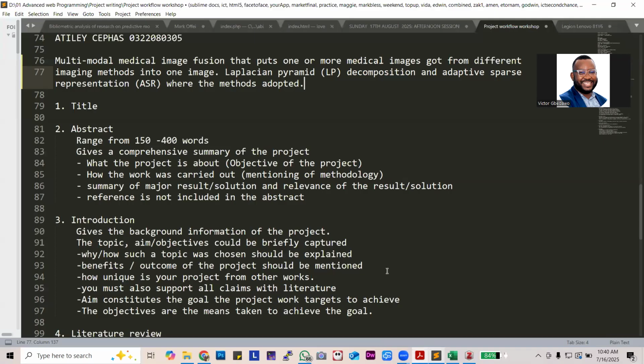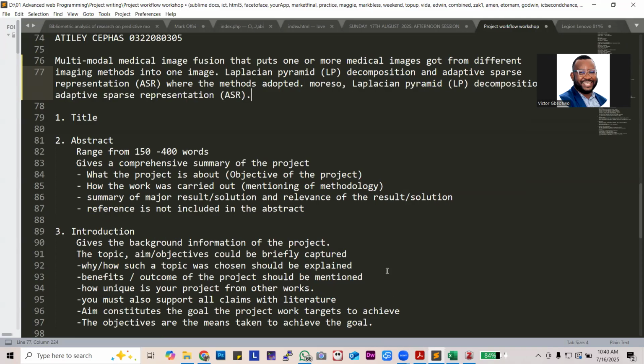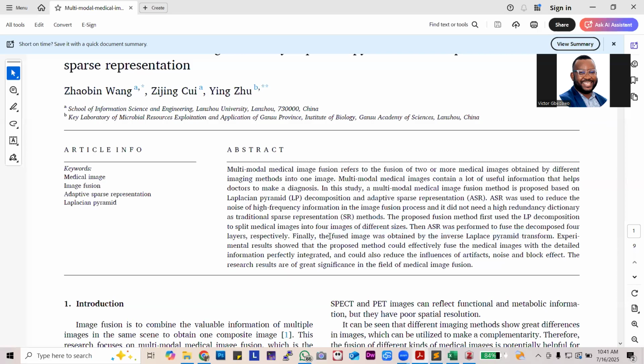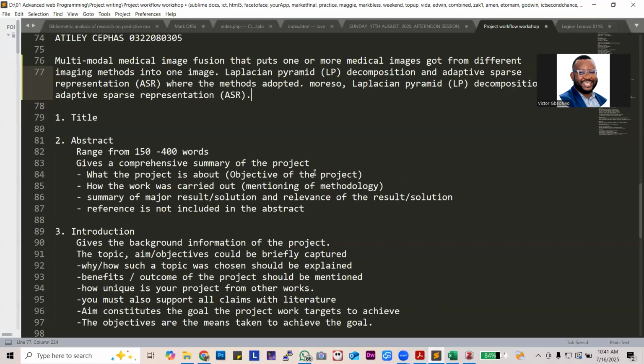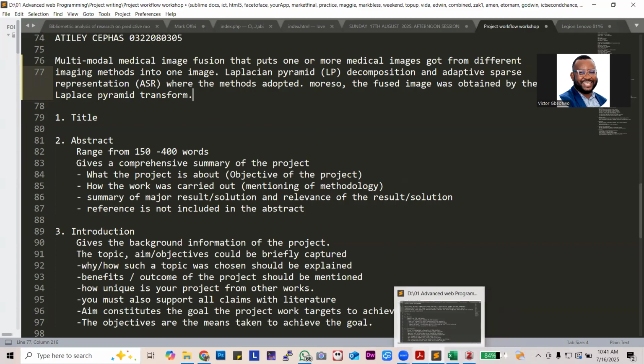Okay. More so, the fused image was obtained by the Laplace pyramid transform. Okay, transform.